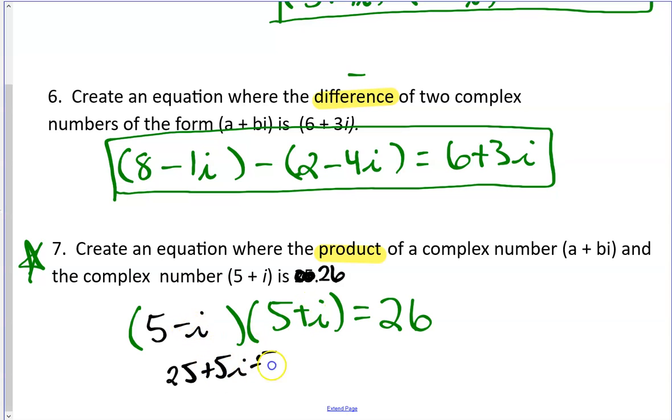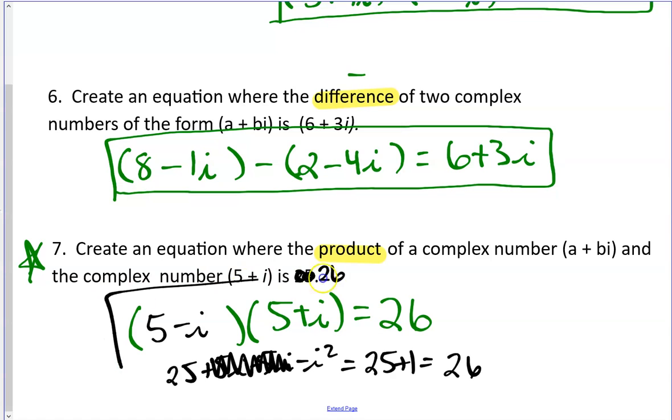Negative i times 5 is negative 5i. Negative i times i is negative i squared. The pieces in the middle do cancel out. And we just discovered that negative i squared is the same thing as saying positive 1. So that is equal to 25 plus 1, which is 26. So it does work out. This is the equation that they are looking for.